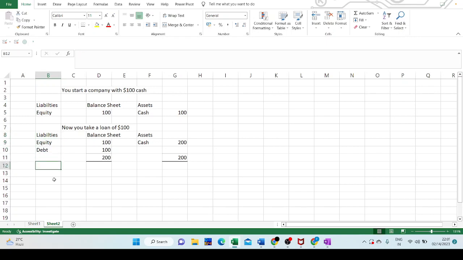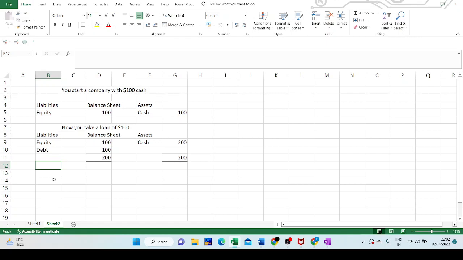So guys, first write this down here. Total assets and total liabilities should always be equal. If not, you have failed to record a transaction, or you have made an error in recording the transaction.